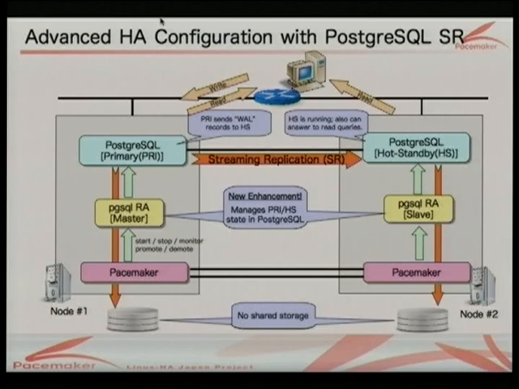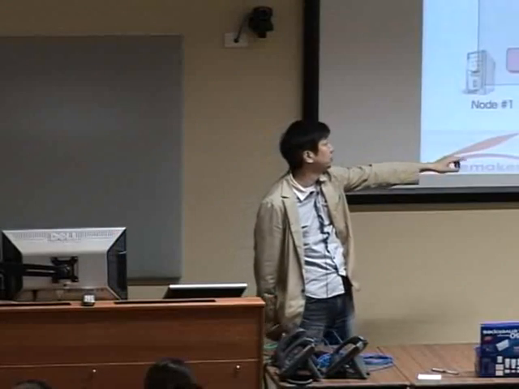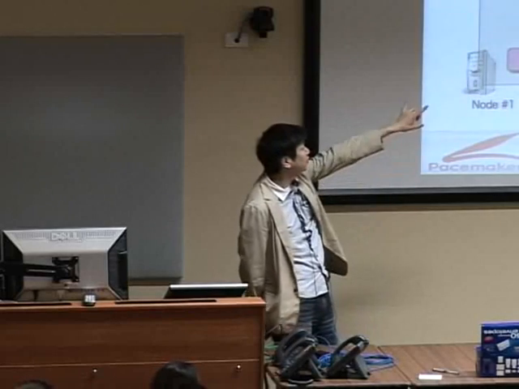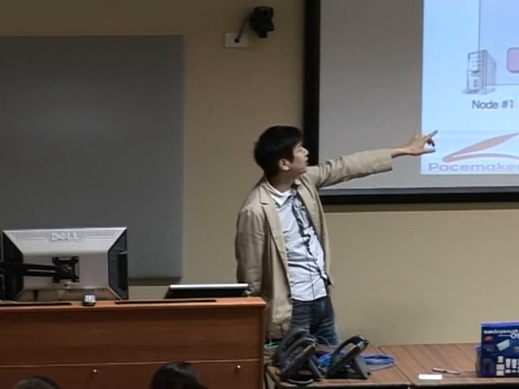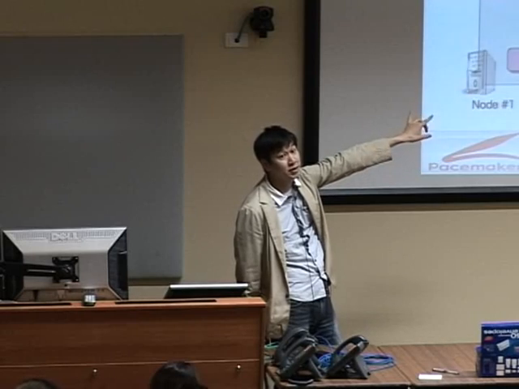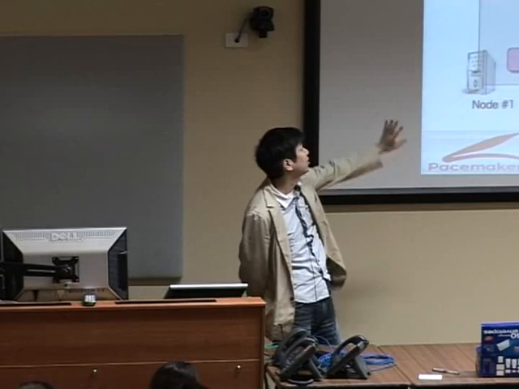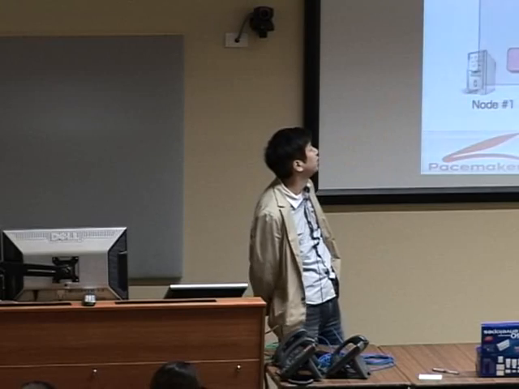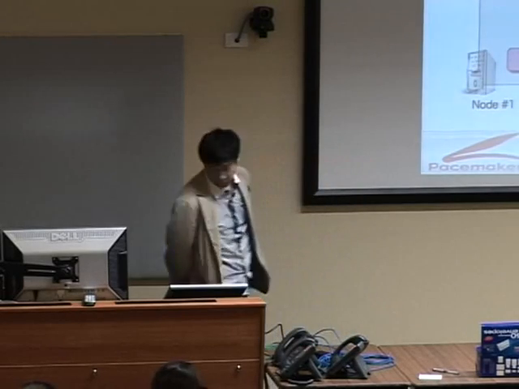The data written to the primary is immediately sent to the hot standby. Both nodes write to their own disk, so there's no longer shared storage. And PostgreSQL runs in two different statuses, so Pacemaker needs to handle those two different statuses. So we need some additional features for the resource agent script. That's what we did.